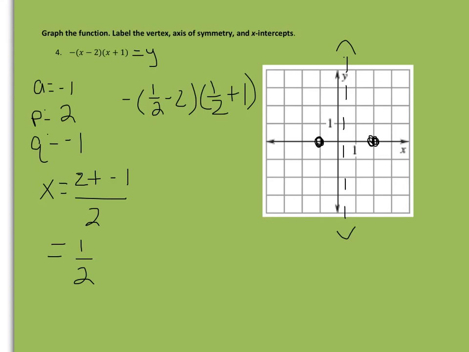And you should get 2 1/4, or 9/4, or 2.25. So go up 1, 2, just above it. And since a was -1, you knew it opened down. Okay? So we're moving along good. Let's go on to the next slide.